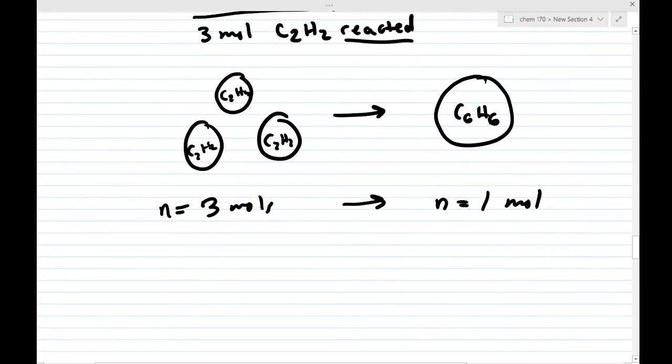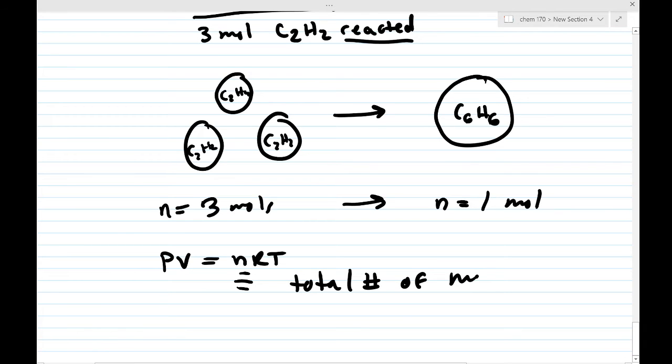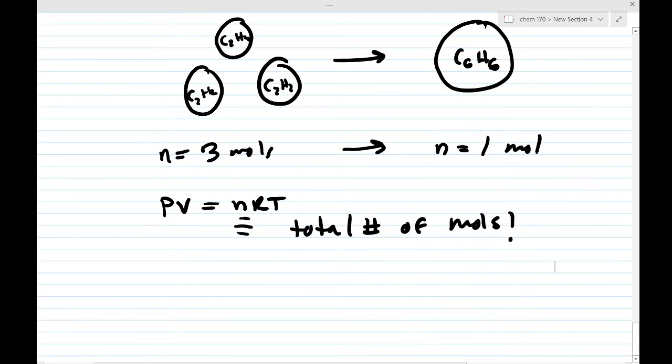Okay. Now the important thing here is that in the equation PV equals nRT, the n here does not care if it's C2H2 or C6H6. It doesn't care what the identity is. It just cares about the total number of moles.